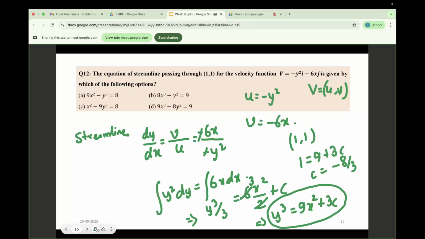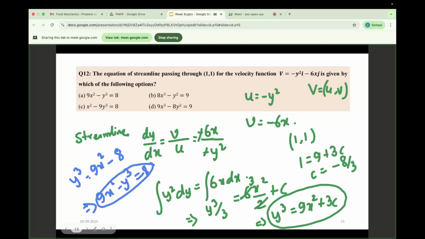So eventually I will get y cube equal to 9x square minus 8, because c is minus 8 by 3, so 3 will cancel out. Or I can write 9x square minus y cube equals 8.